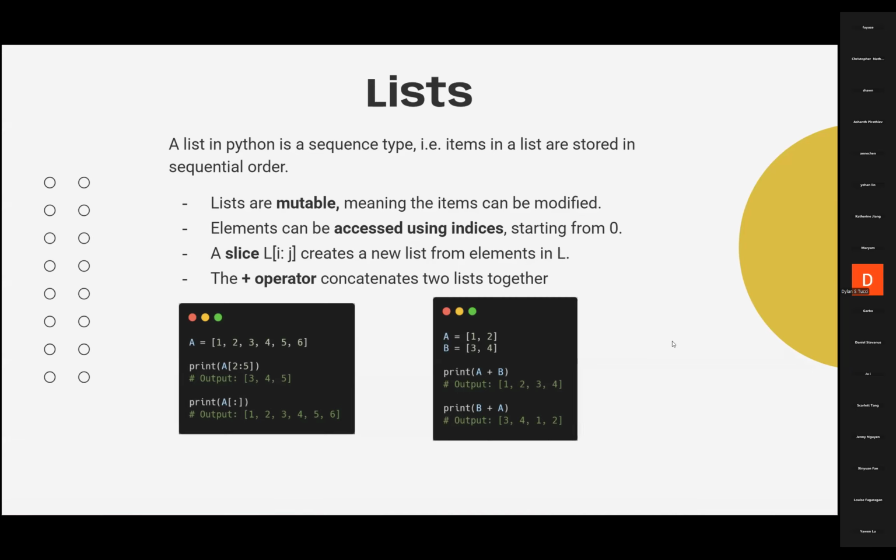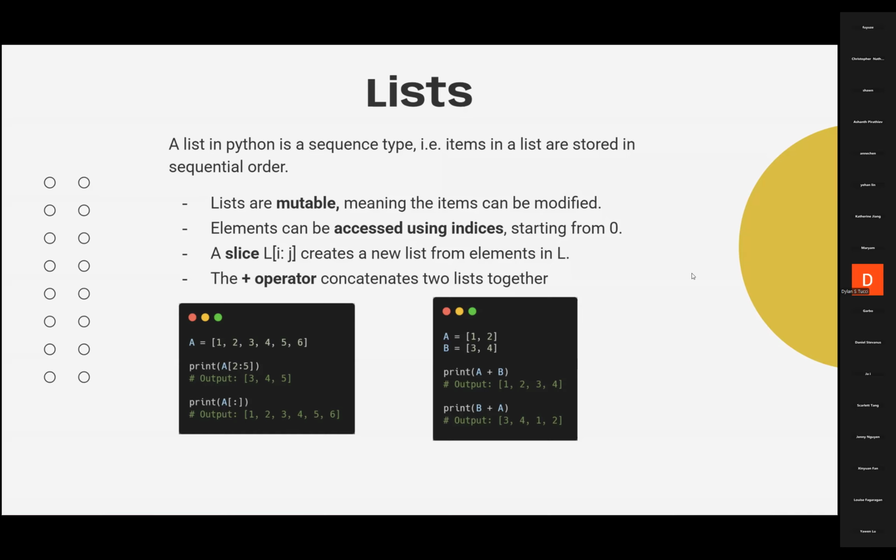So for lists, before I start to review lists, I want to first show the difference between lists and strings. I think the most important difference is that lists are mutable and strings are immutable.